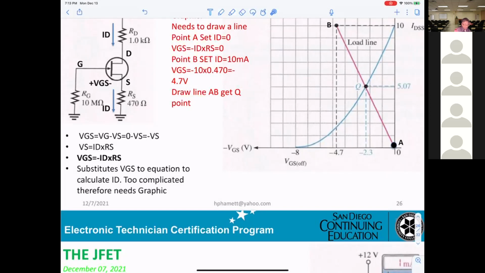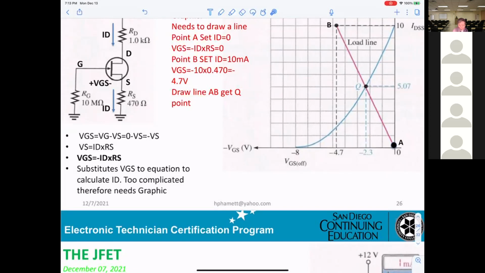Okay. You have VBE on the bipolar, you have VGS on the FET, but it works differently. On the bipolar, they call it an on device, because it is controlled by the VB, right?